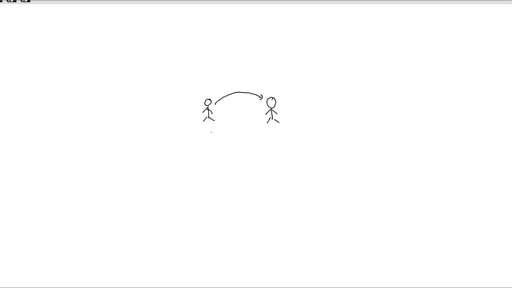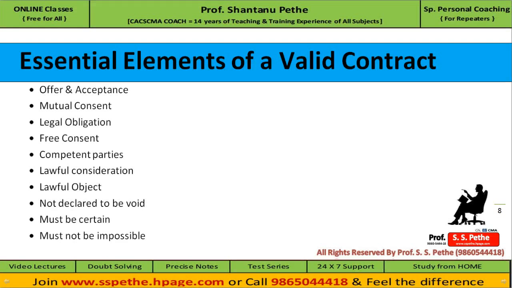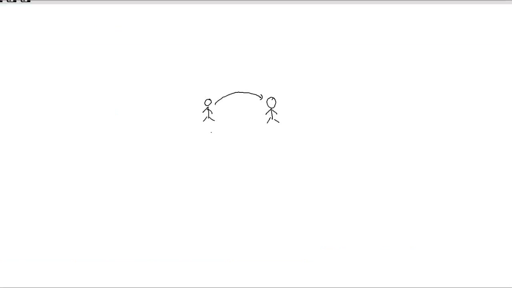This is the first condition, offer and acceptance. Second is mutual consent. Here both the parties are giving consent to this arrangement freely. The consent should be free. There should not be any pressure on either party.